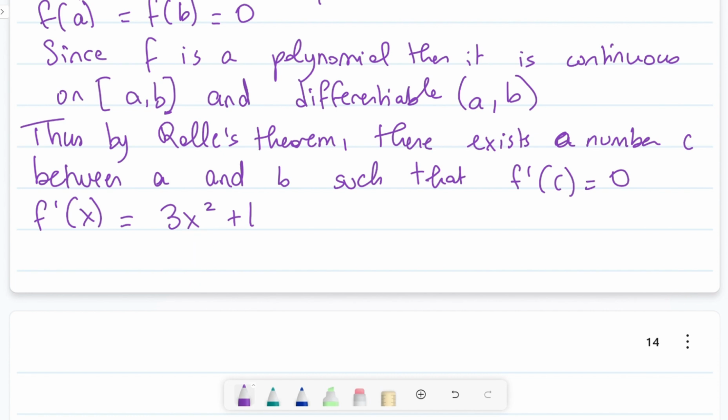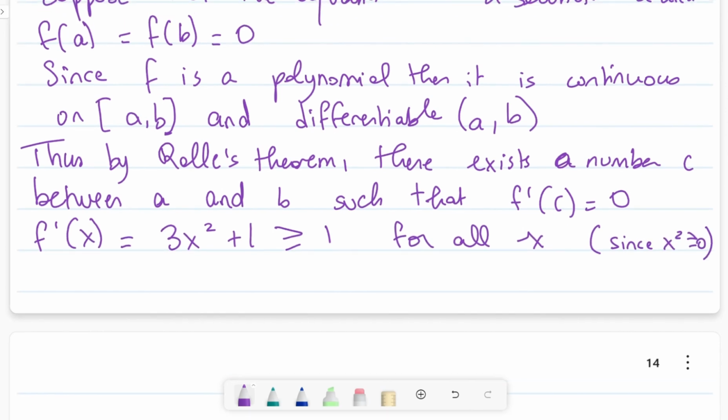Even if x is negative, let's say x is negative 1, negative 1 all squared is 1. We multiply this by 3, then we get a 3. So the smallest number we will get for 3x squared is 0, and 0 plus 1 is 1. So 3x squared plus 1 is greater than or equal to 1 for all x. I will write here, this is because x squared is always greater than or equal to 0.